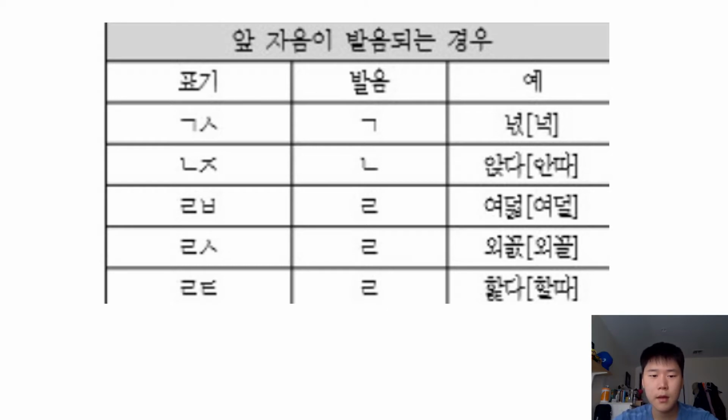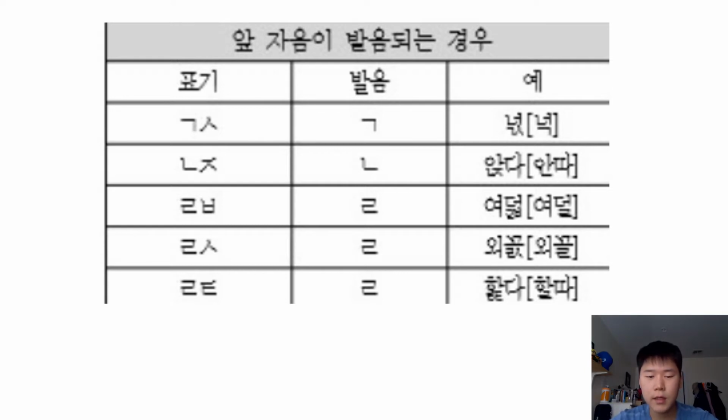So it's not 안다, it's 안따. Okay? So for the next one, 리을 and 비읍. For this one, it has the 리을 sound. So this one is 여덟. It's not 여덥, it's 여덟.